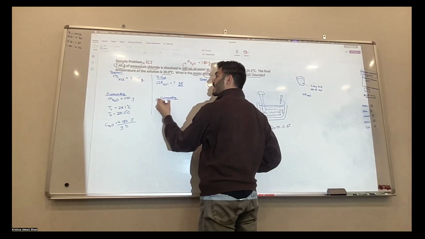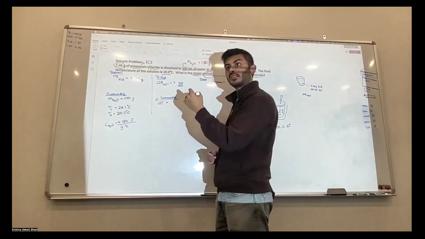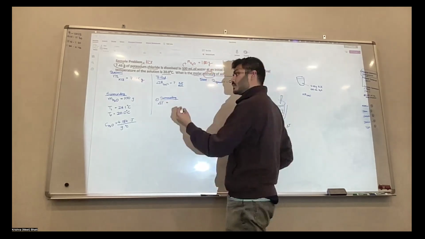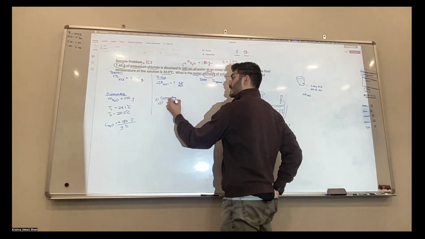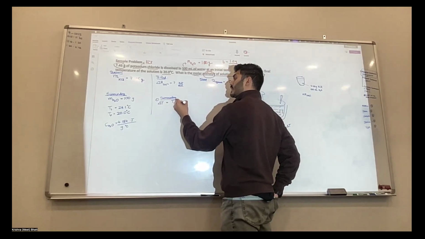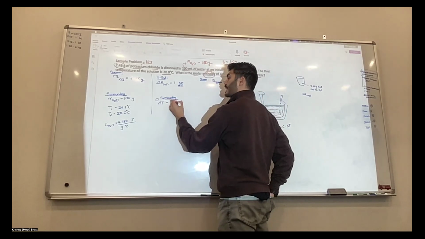For the surrounding, the temperature change is going to be equal to, can somebody tell me the equation for that? TF minus TI. What do I get?